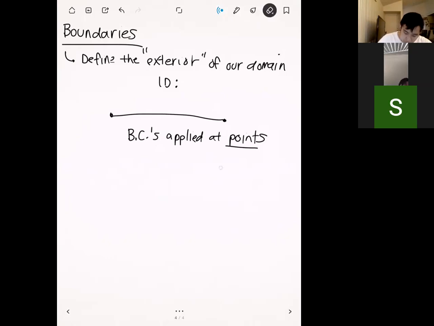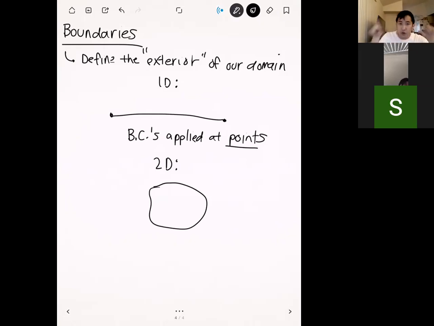Right. And so now let's extend this up to 2D. Okay. And so for a 2D surface, it might look something like this. Okay. And so for a 2D surface, what defines the exterior of the surface? It's going to be lines, right? And so the boundaries for a 2D surface, or in other words, where we apply our boundary conditions, okay, they're going to be applied on edges or lines.